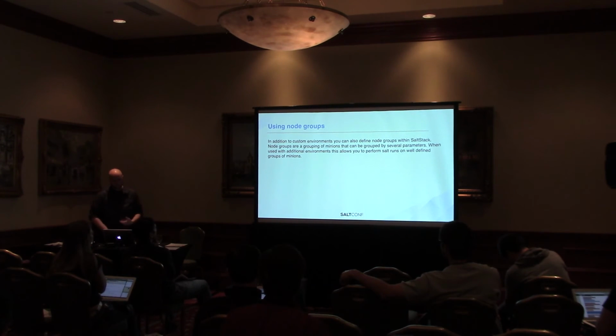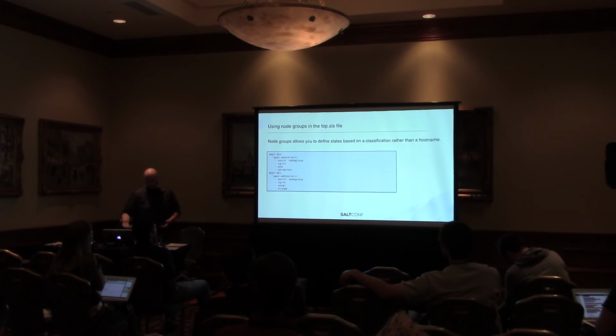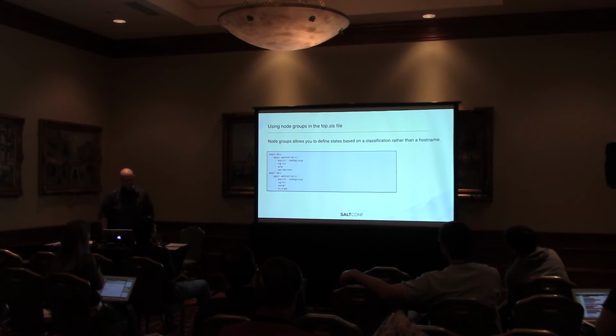And with node groups, you can have specific configurations, right? In app1.dev, well, this isn't a great example because I have app1 and app2 dev in different environments, but whatever. App1.dev, app1 web servers is a node group, right? I don't have to define it by a host name.